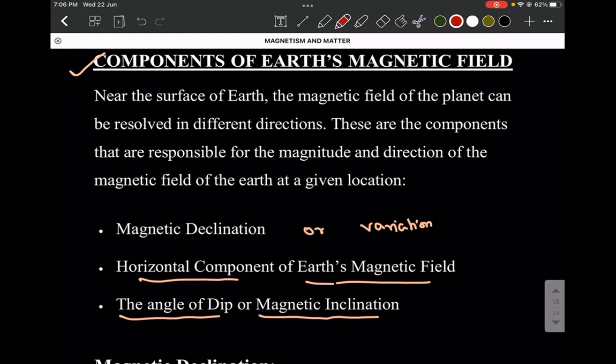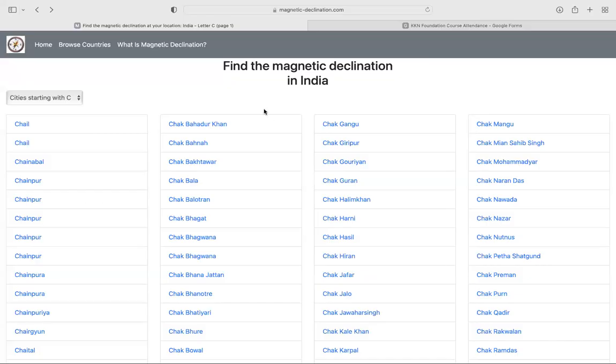Observe, okay? You asked me, no? Maybe if I show this, you'll understand things better. You're able to look at this chart. Yes, sir. This is something I took. You're able to see the magnetic declination in India. In India itself, these many places are there.